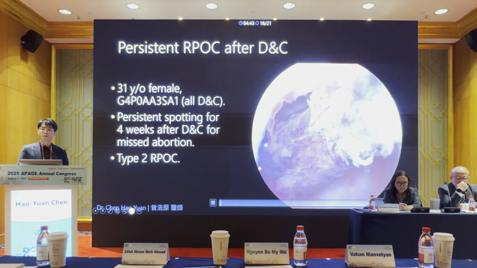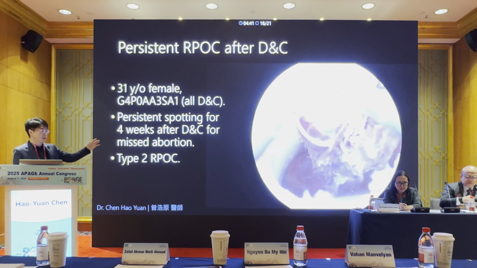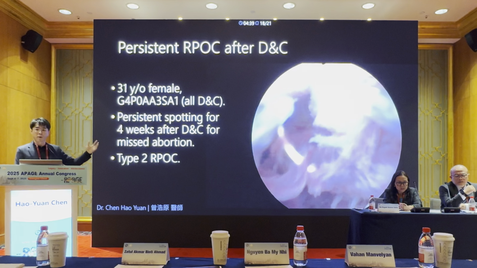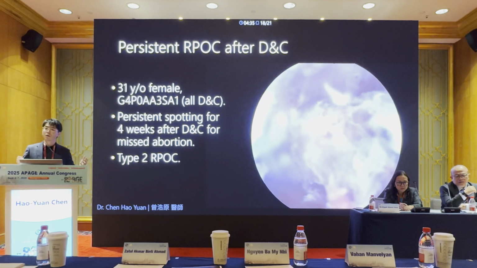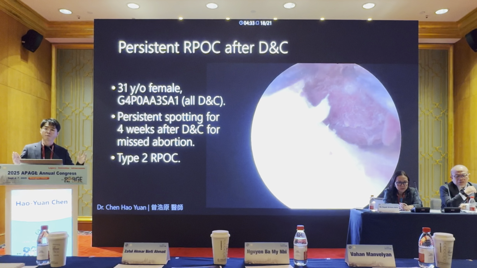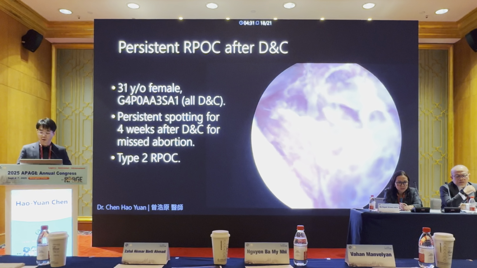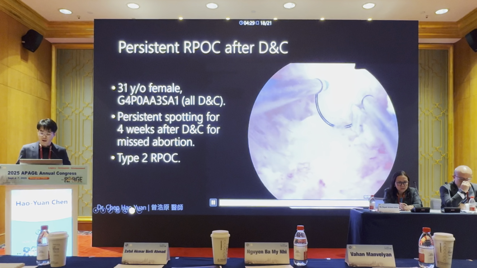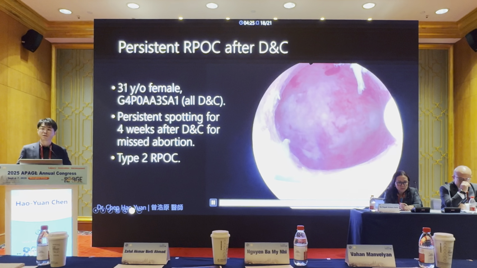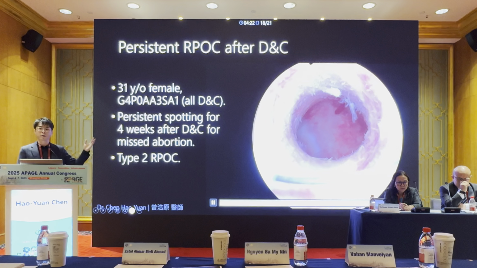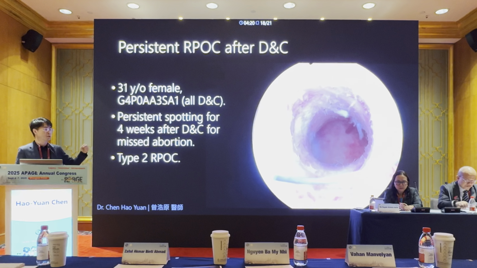As you can see, there is a quite large tissue in the cavity, even though the patient has already received a DNC. So this reminds us that DNC does not always remove everything from the uterus. And you can see, in the end, the cavity is very clean. And just a few months later, the lady got pregnant again, and last month she delivered a baby boy.